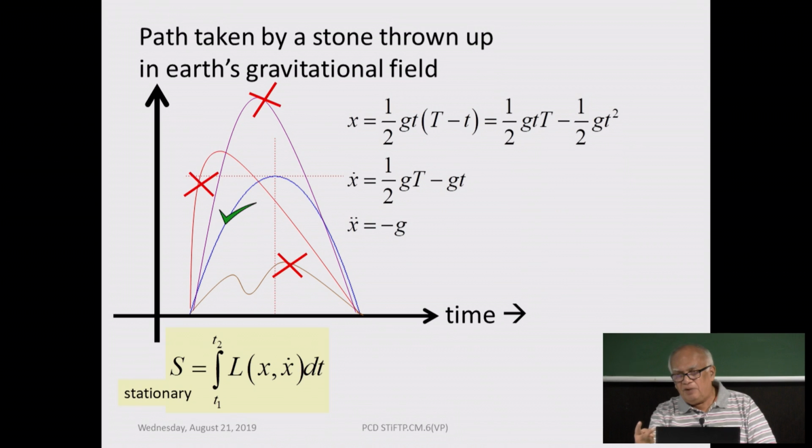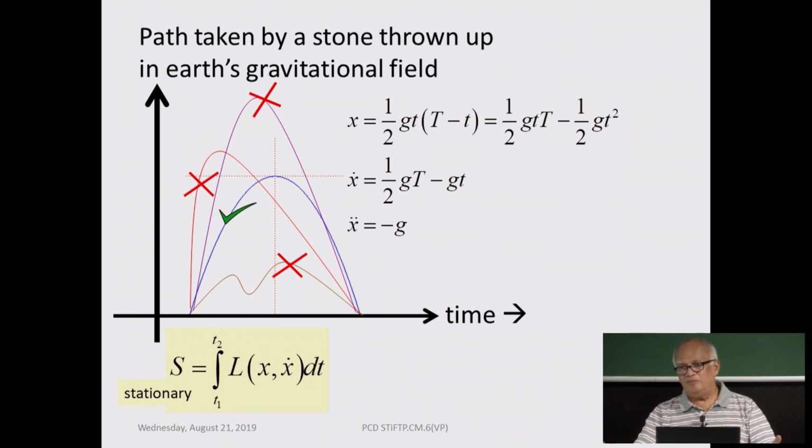But this information is not provided through the two initial conditions of position and velocity, but initial position and the final position. So you know that x is 0 at the base, both at the start and at the finish, and in between you can think of an infinite number of paths.